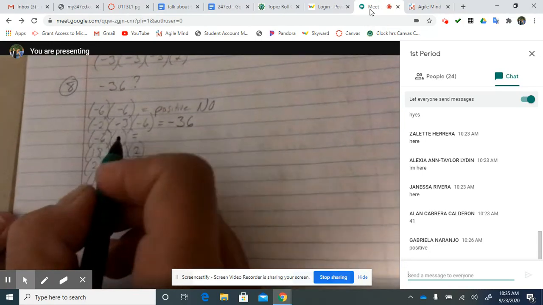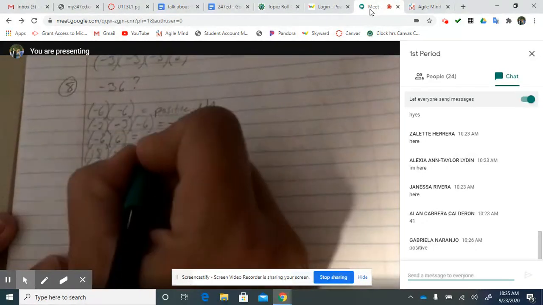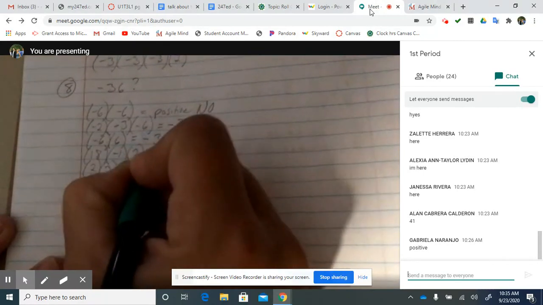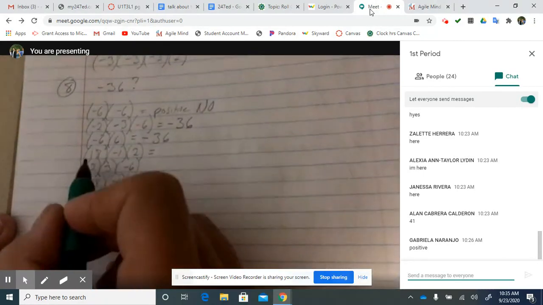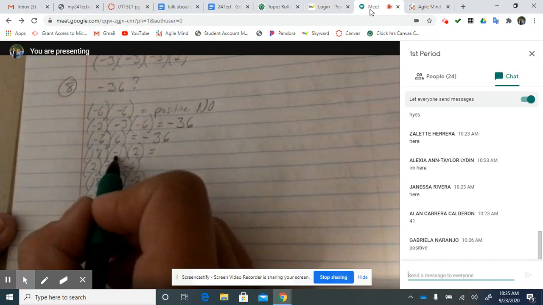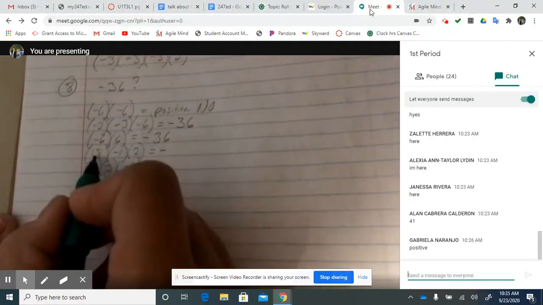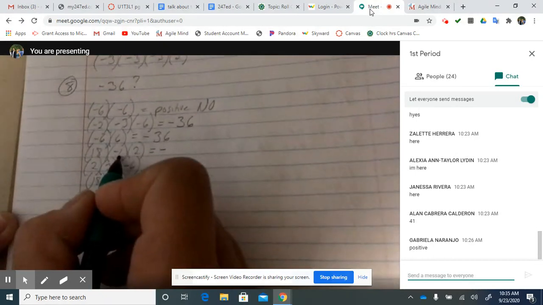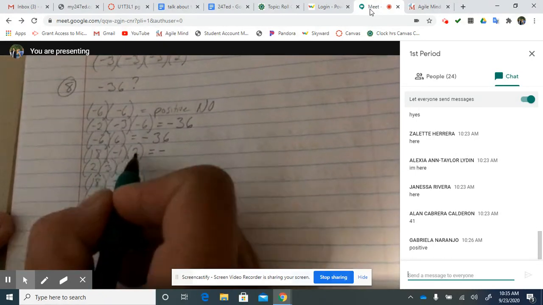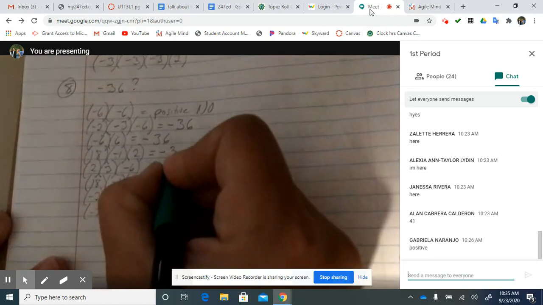Negative times positive gives us a negative, and 6 times 6 is 36. Positive times negative gives us a negative, times a positive gives us a negative. 18 times 1 is 18. 18 times 2 is 36.